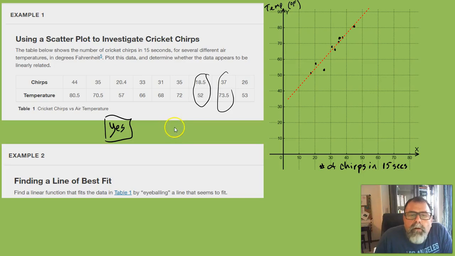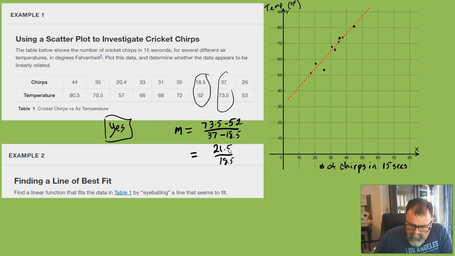My slope will be 73.5 minus 52 over 37 minus 18.5. The top is 21.5 and the bottom is 37 minus 18.5, which is 18.5.